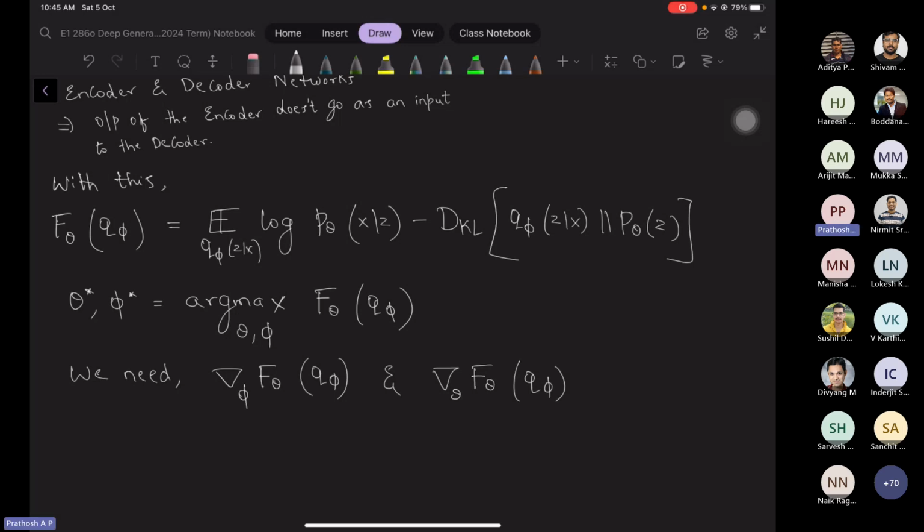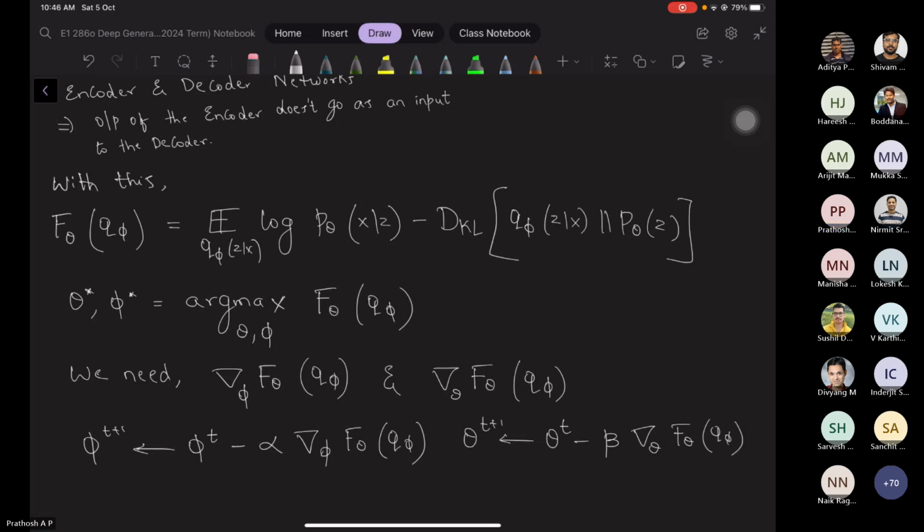Because finally, this is how we train the neural networks, assuming that we are simply doing SGD, first order gradient descent. So we need the gradients of the ELBO with respect to both phi and theta.